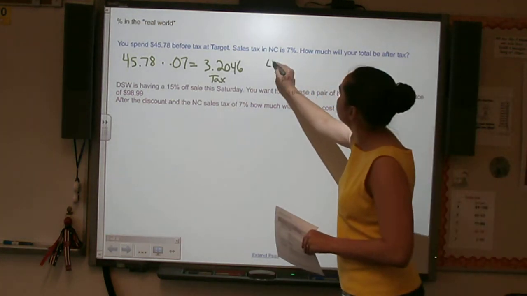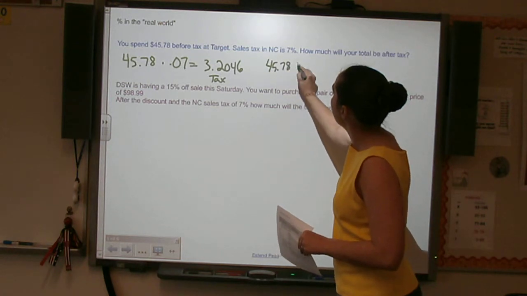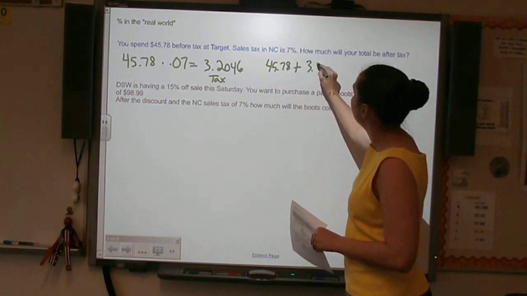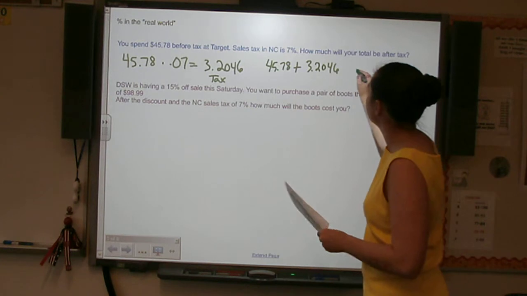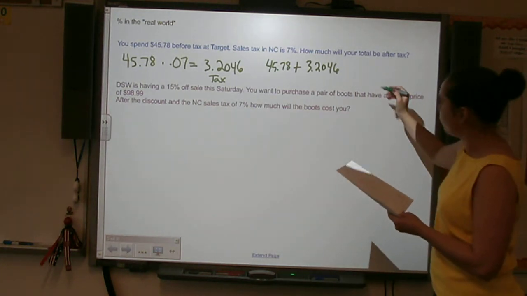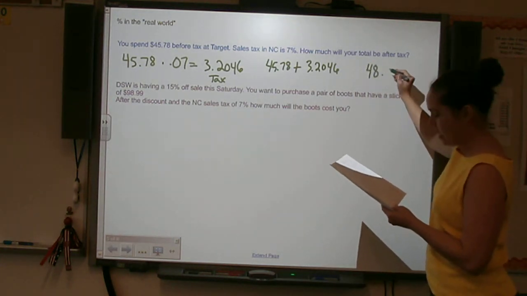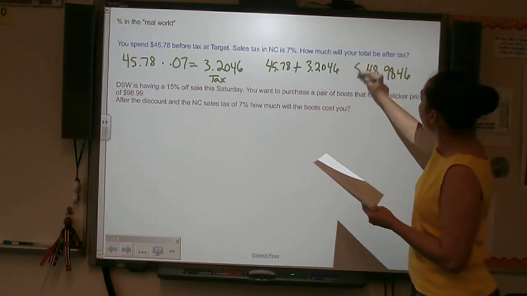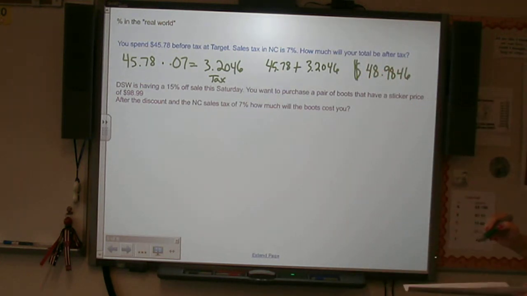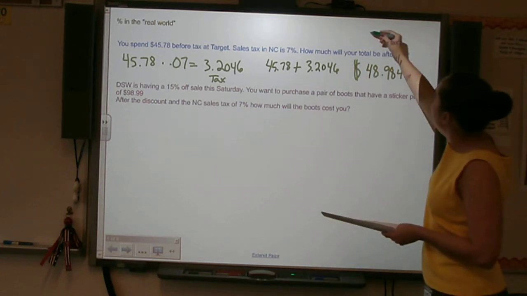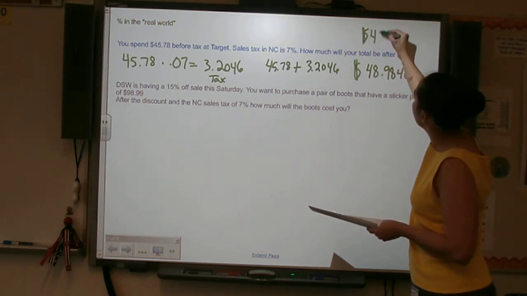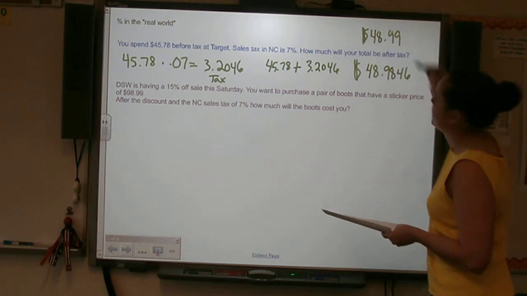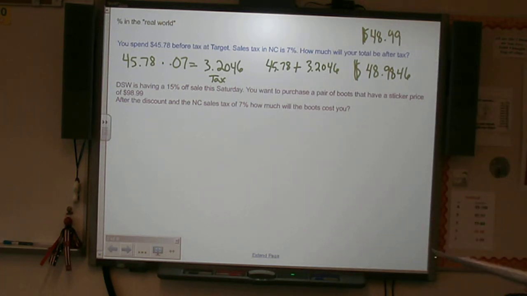Then I have to say 45.78 plus that tax, 3.2046, and that is going to equal $48.9846. And typically places are going to round up, so in real life this would probably be rounded up to $48.99.